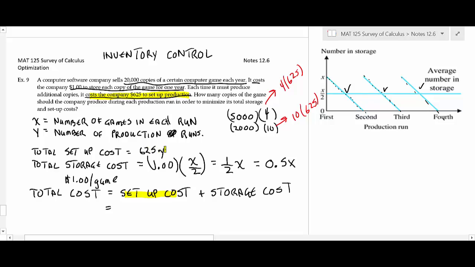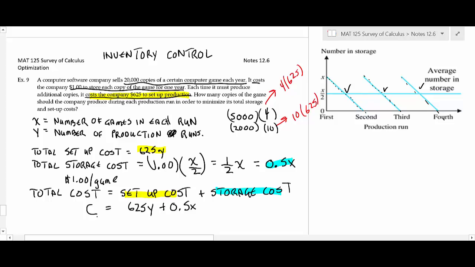We found that the setup cost was $625, so we got that 625y. And then the storage cost based on the average was 0.5x. So this is what your cost is, and that's what you're going to end up working with the calculus on.